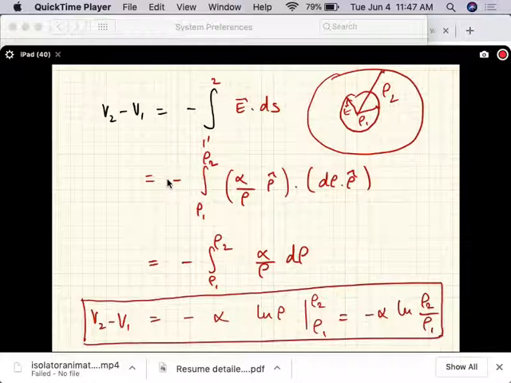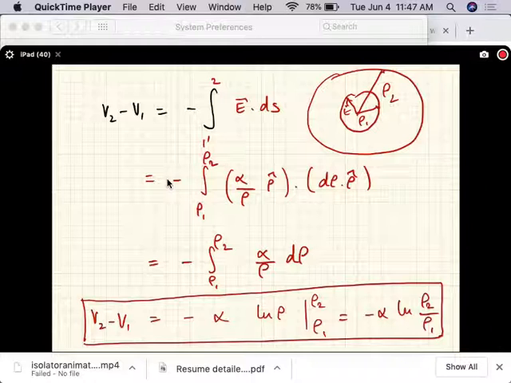V2 minus V1 should be negative. There's the negative sign. Alpha is positive. Rho 2 over rho 1 is greater than 1, so this number is positive. So you can see explicitly that V2 is less than V1. And if that was V2 and this was V1, and the radius decreased, this number would be negative and that would become positive.